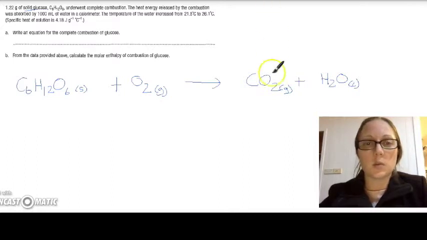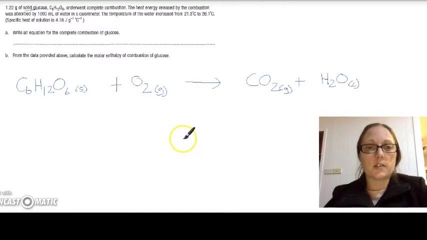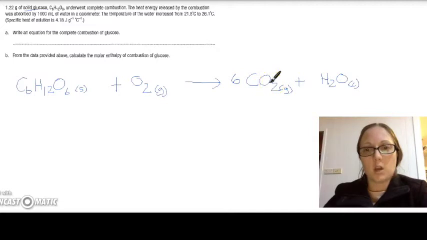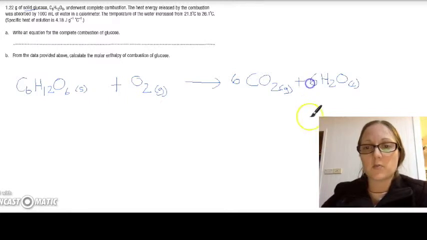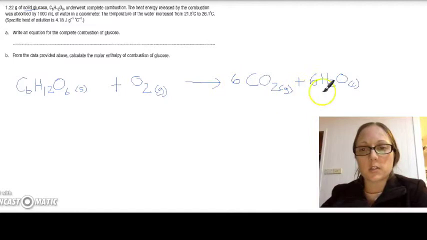So we'll add our symbols in there again. So next thing that we need to note is what we do now to balance this. So let's go through and balance the carbons first. We've got 6 carbons, which means we need a 6 in front of carbon dioxide. That now gives us the carbons. Let's have a look at the hydrogens. We need 12 of them, so we'll go ahead and put a 6 in front of the water. We now have 12 oxygens here and 6 here, giving us a total of 18.